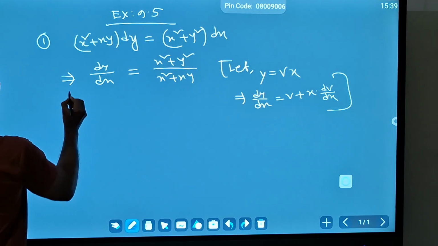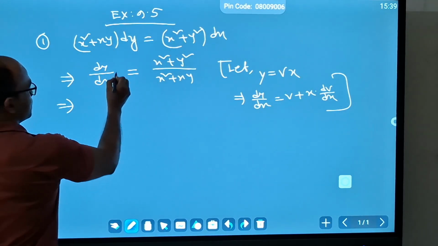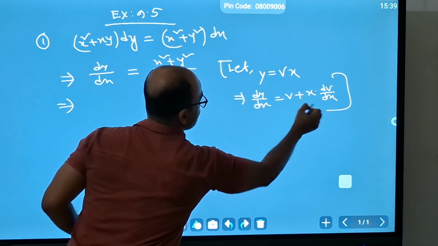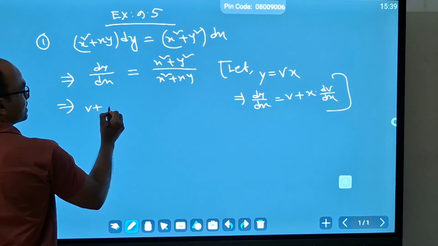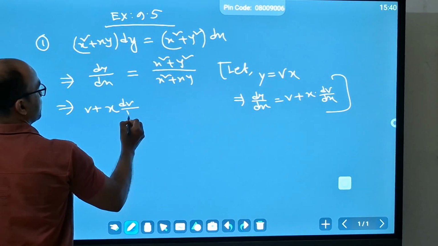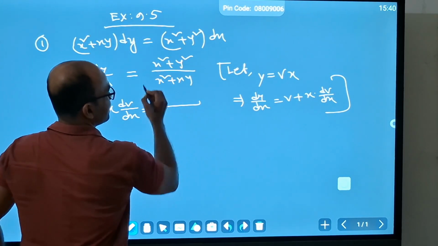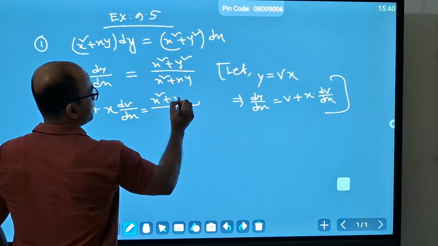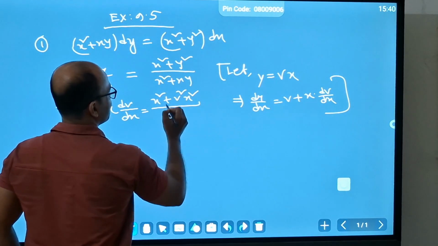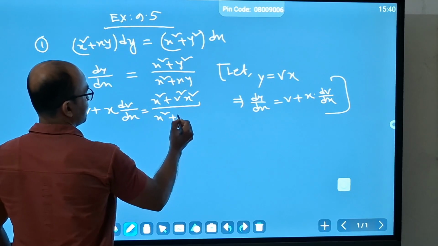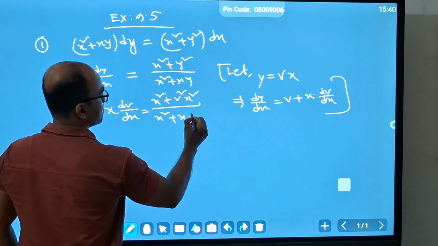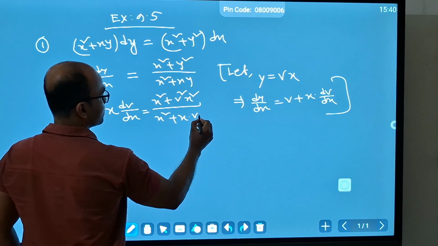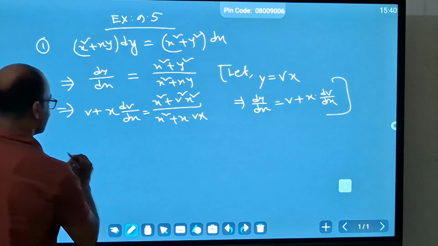Now we replace dy by dx by this v plus x dv by dx. x square and y square can be written as x square and v square x square, putting y as vx.